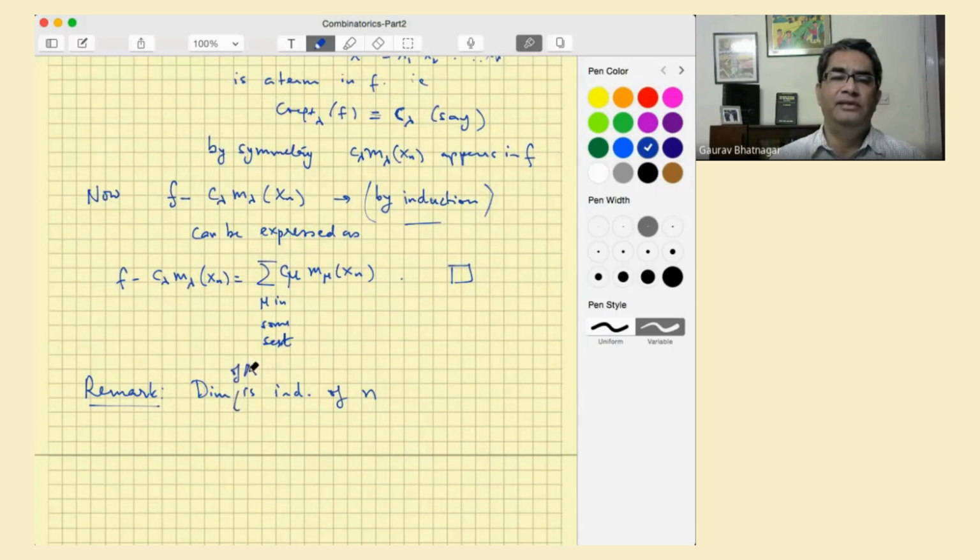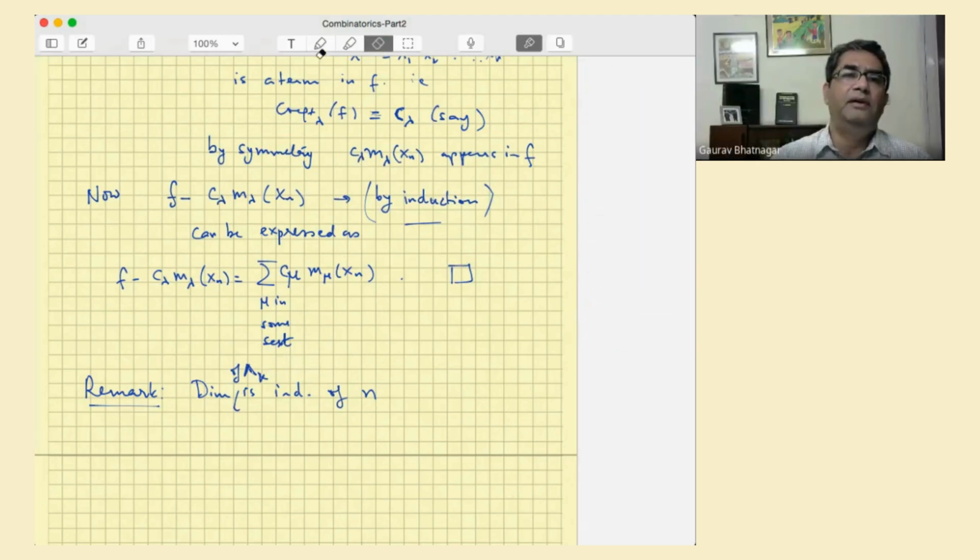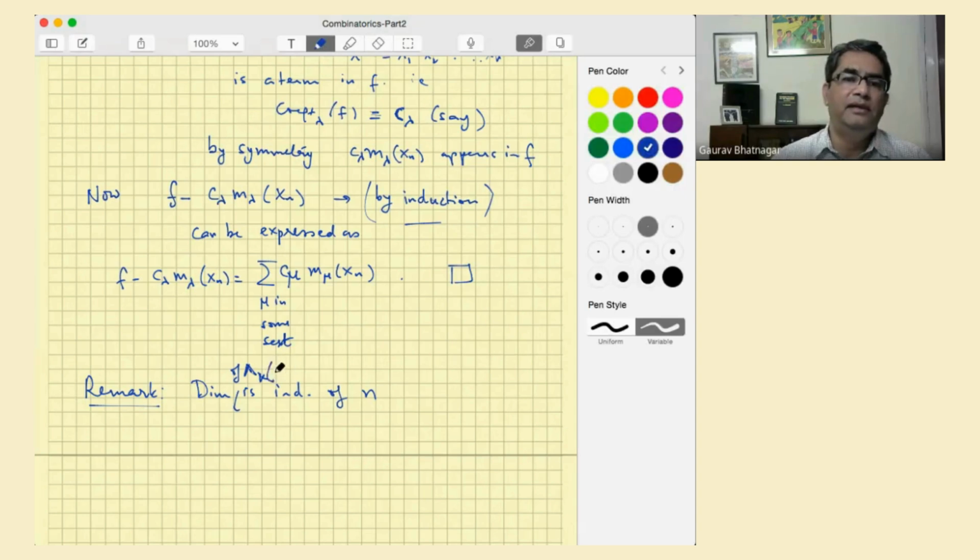Is this lambda or sigma? This is lambda actually. Is this capital lambda? This is capital lambda. Why am I calling it sigma? I know what sigma looks like.